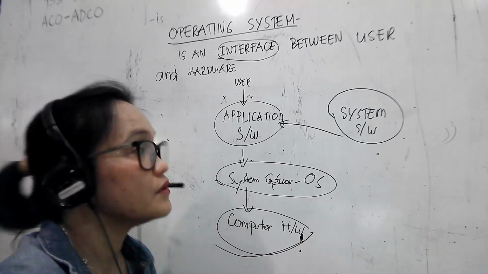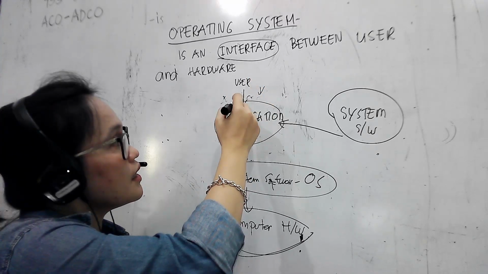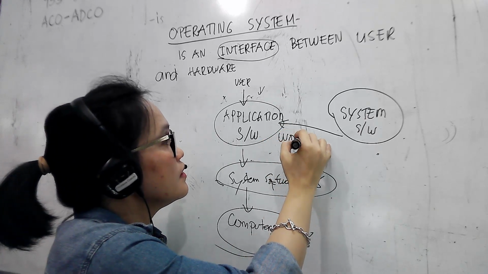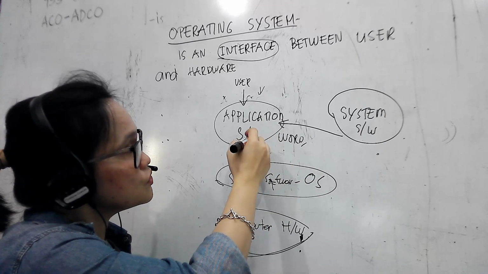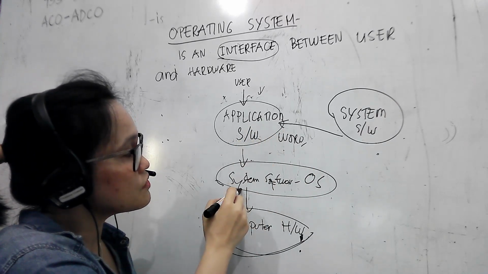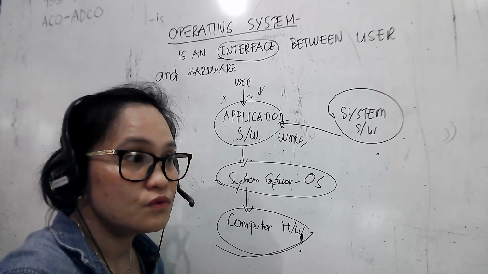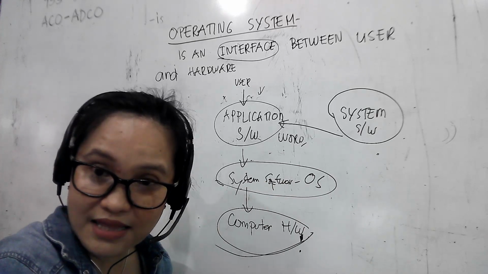Let's say, for example, the user asks to write a word in Microsoft Word. After doing it, you would like to print, or display that in the monitor.